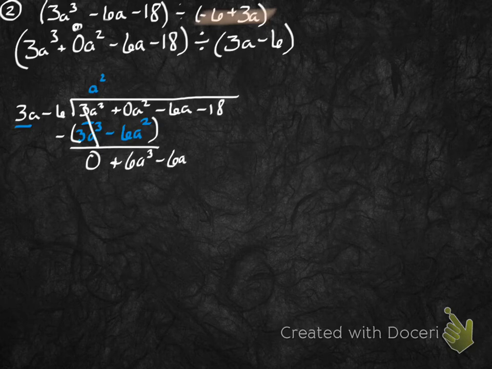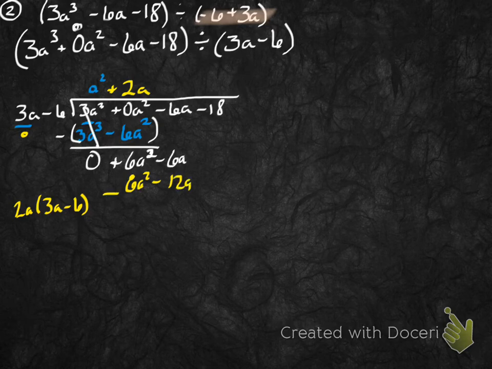So now on this next step, what do I need to multiply 3a by in order to get 6a squared? Well, I need to multiply it by 2a, so plus 2a. So 2a times 3a minus 6 gives me 6a squared minus 12a.